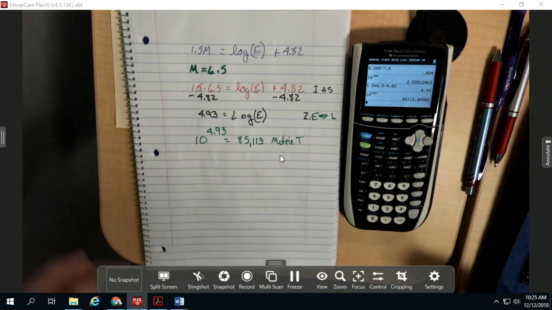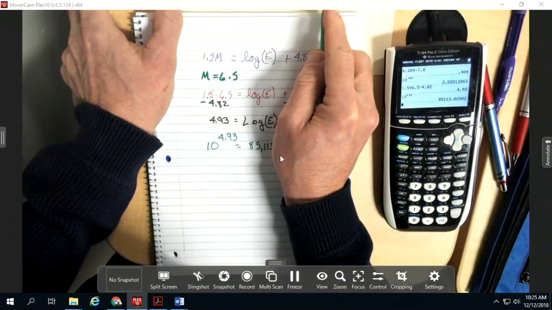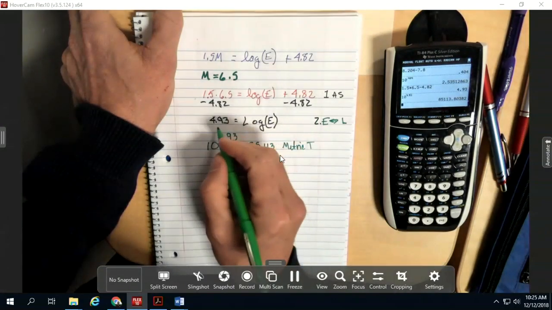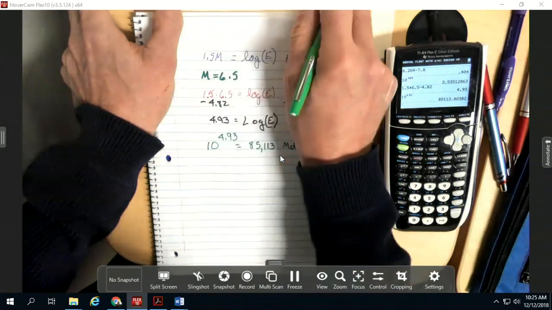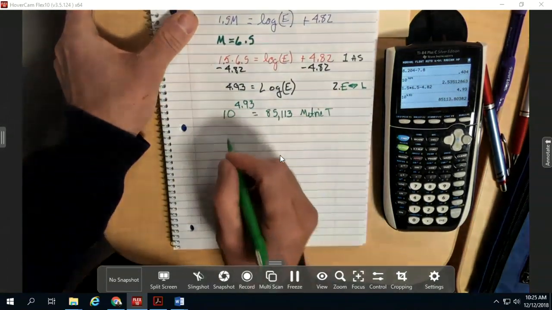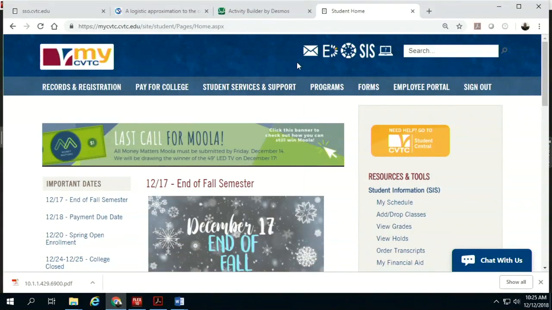Next one. If the magnitude is increased by 1, what factor does the energy increase by? Well, let's graph it. I think it's easier to see it on a graph.